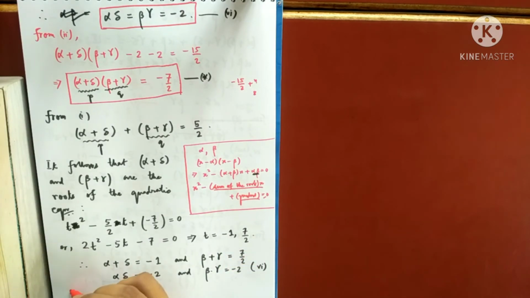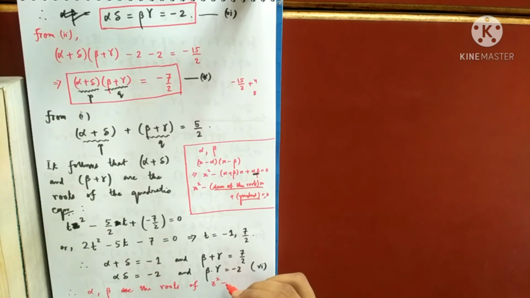So alpha and delta are the roots of which quadratic? Suppose z square minus sum of the roots, which is minus 1, so this will become plus z, plus product of the roots equals 0.